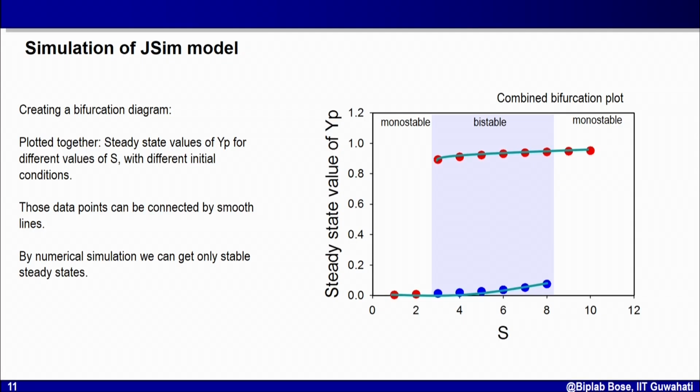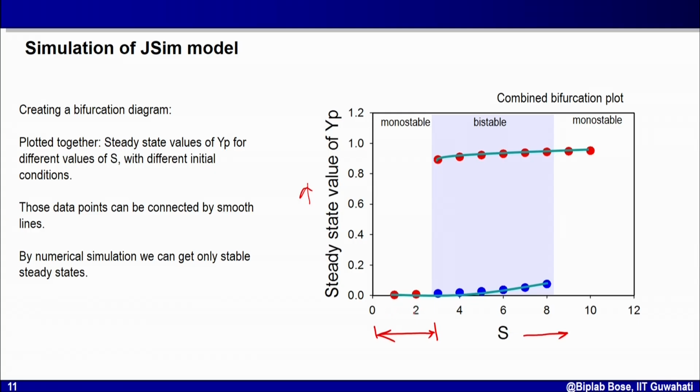What I have done, I have merged those two data sets and combined them in a single bifurcation plot. So this is my complete bifurcation plot, that is s in the horizontal axis and the steady state value of yp in the vertical axis. You can easily see up to this region the system, irrespective of the initial condition, has only one option, the lower steady state.